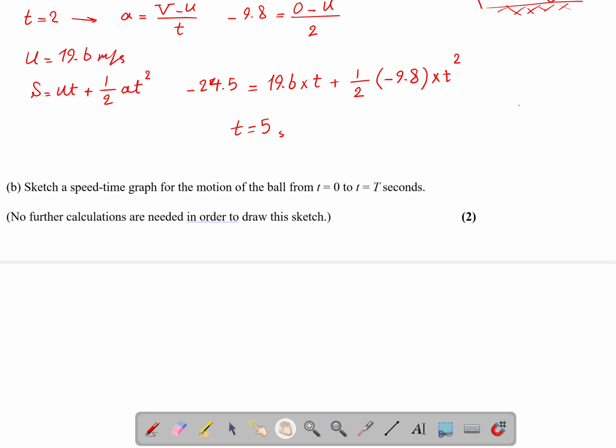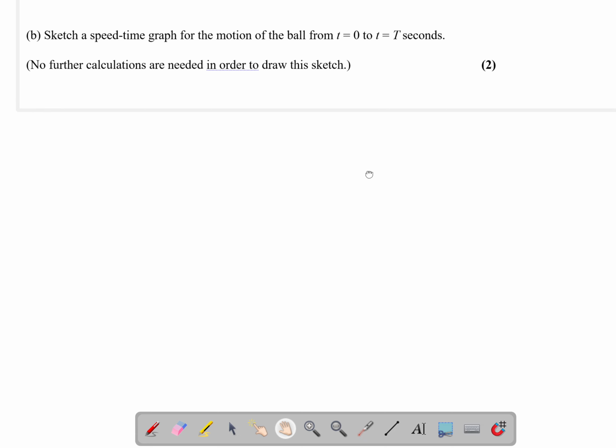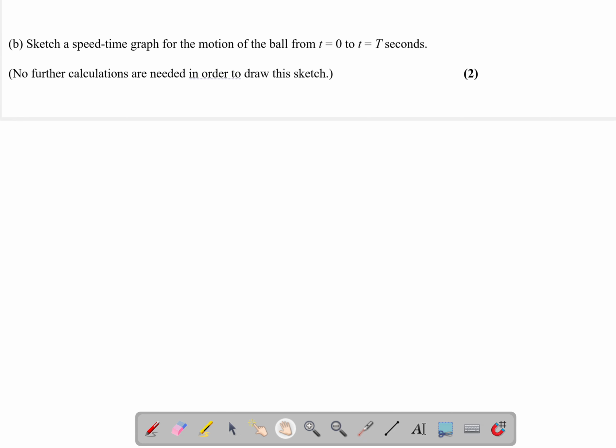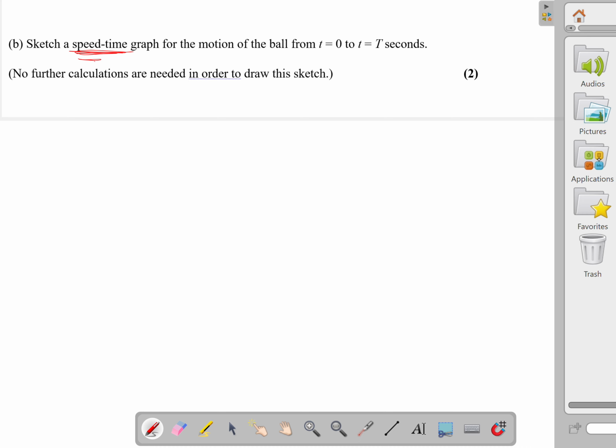You just need to sketch the speed time graph. Be careful. Since it says speed time graph, this is not a velocity time graph. So be careful about the signs. It will always be positive.